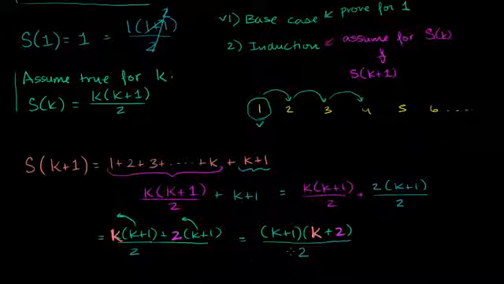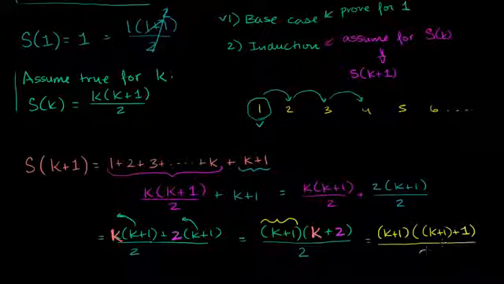Now, we can rewrite this. This is the same thing as k plus 1, that's this part right over here, times k plus 1 plus 1, right? This is clearly the same thing as k plus 2. All of that over 2. Now, why is this interesting to us? Well, we've just proven it.